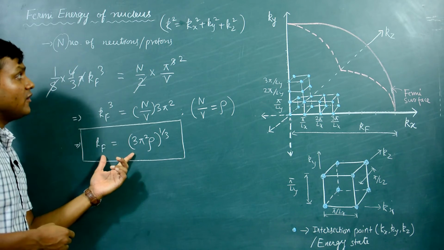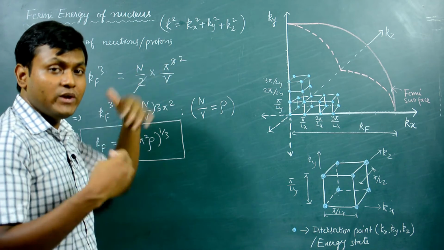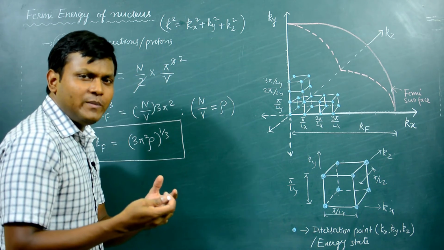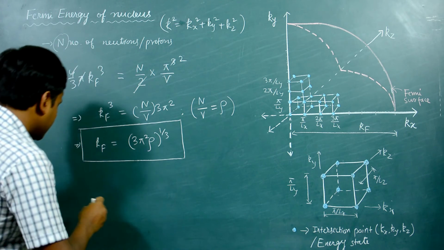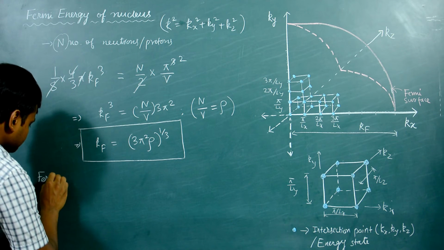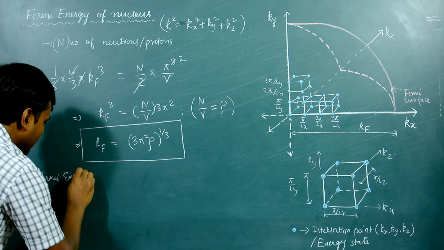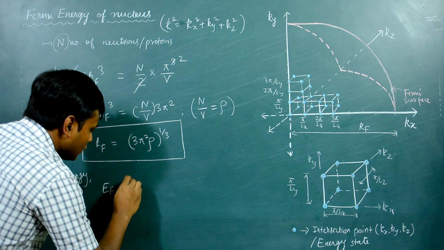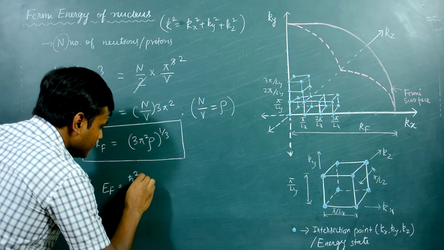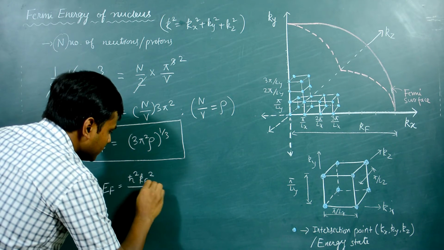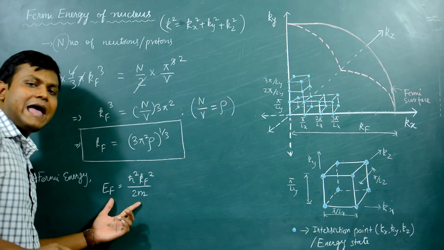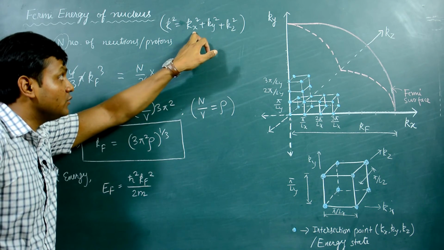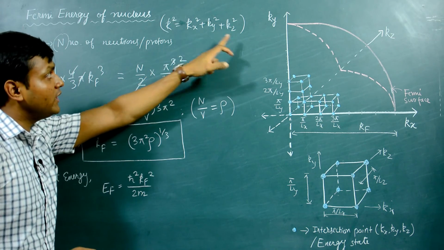If this is the radius of the Fermi surface, using this expression we can find out the highest occupied state. The highest occupied state will basically correspond to the Fermi energy in this case. So the Fermi energy EF, using our original expression, is equal to h cross square kf square by 2m. This is the original expression where kf is the wave number associated with kx, ky and kz, the highest occupied combination.